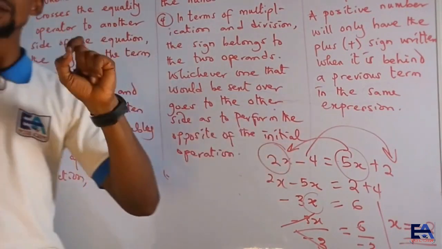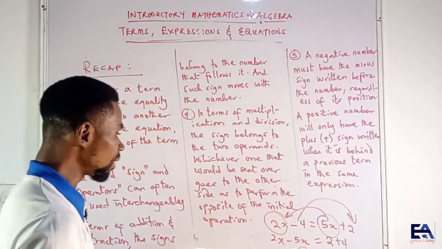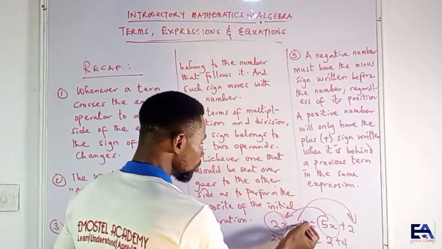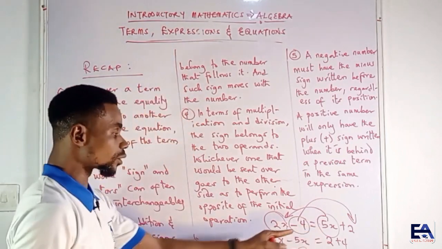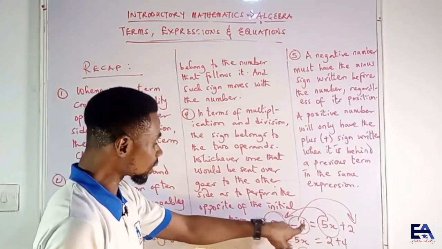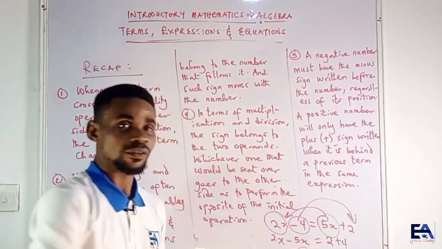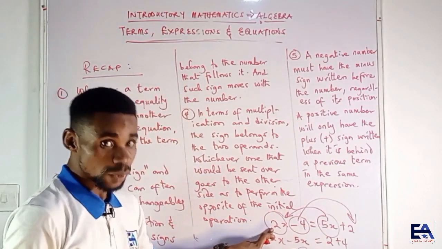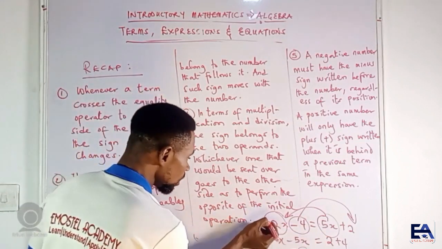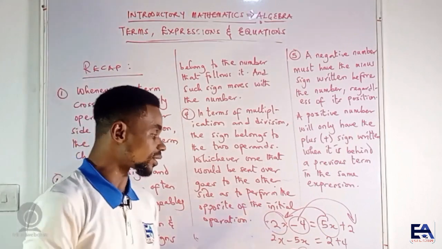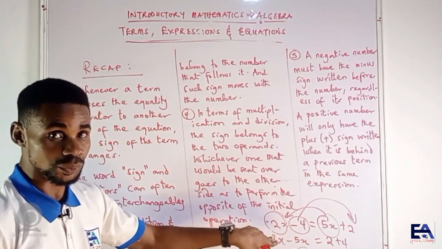This is applicable only to addition and subtraction. Which means that in trying to move this number 4 to the other side, we cannot move 4 alone without considering this minus sign, because the minus belongs to 4. It doesn't belong to 2x. The sign that belongs to 2x is the invisible positive sign, because 2x is seen as positive, so we accord the plus sign to it.